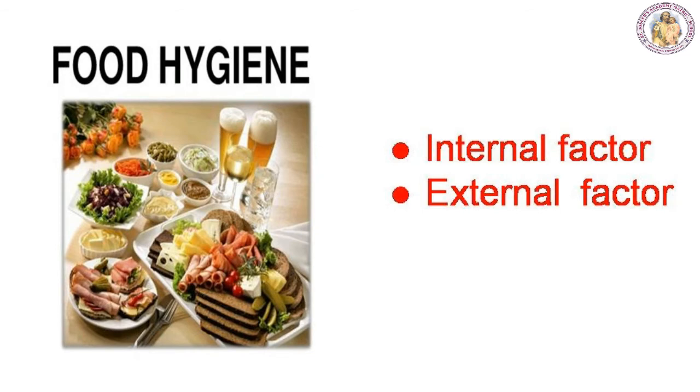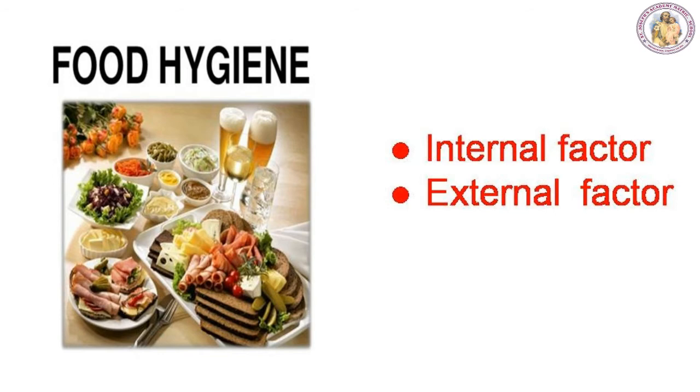Food hygiene. Poor personal hygiene may also allow microorganisms to cause food spoilage. So food hygiene is very important. The signs of spoilage of food are appearance, color, texture, odor as well as taste.